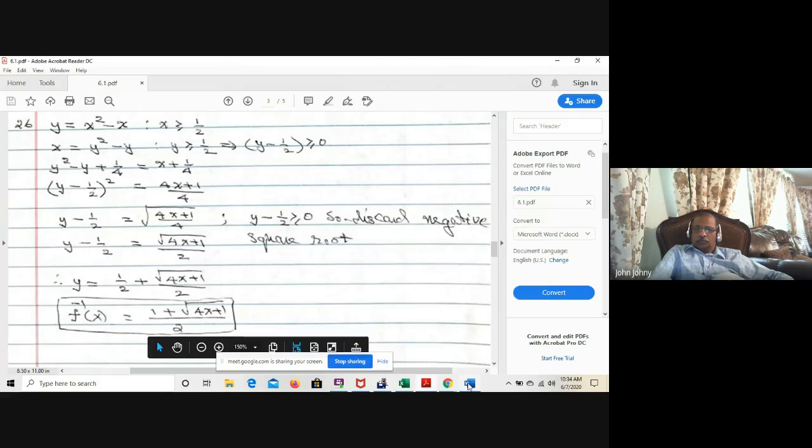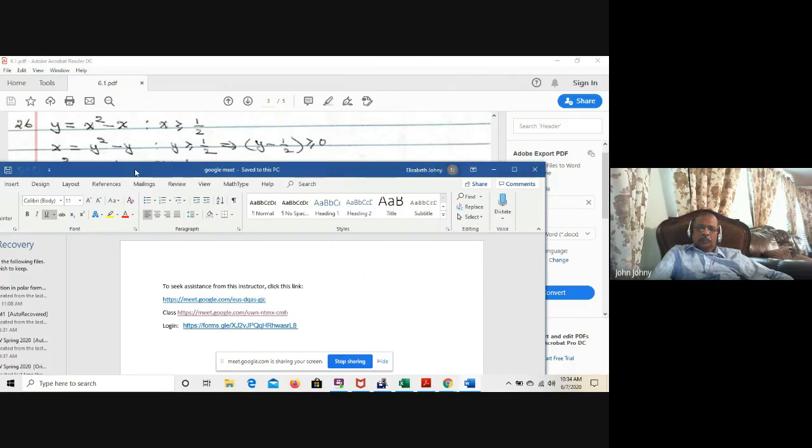Now we are going to find the inverse. So set y is equal to x squared minus x, interchange x and y, we get x is equal to y squared minus y, y is greater than or equal to 1 half because the new y is the same as the old x.